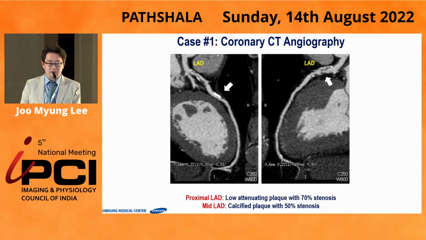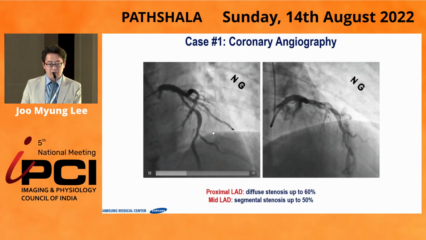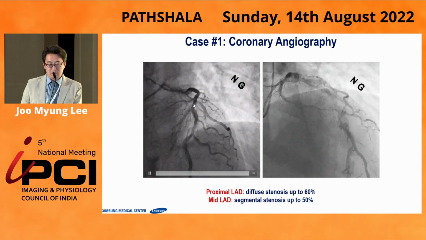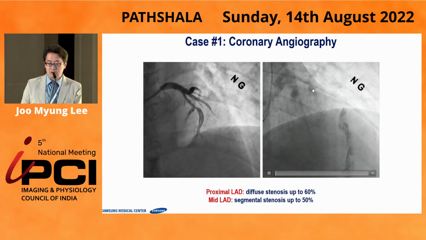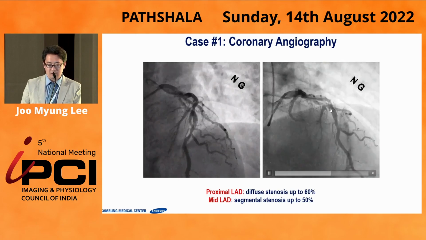CT showed a very tight stenosis at the proximal LAD with low attenuating plaque and high plaque burden, and the angiogram showed a less severe but more than intermediate stenosis at the middle LAD.